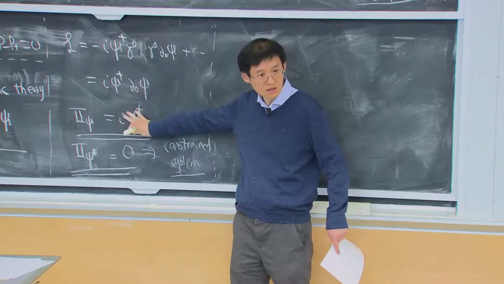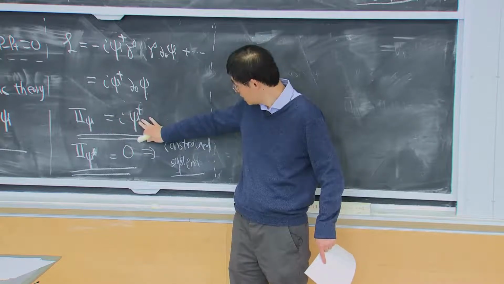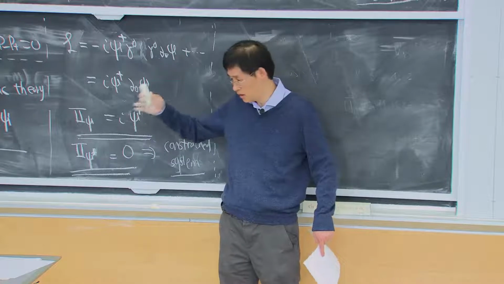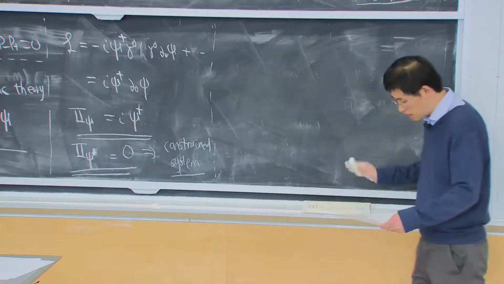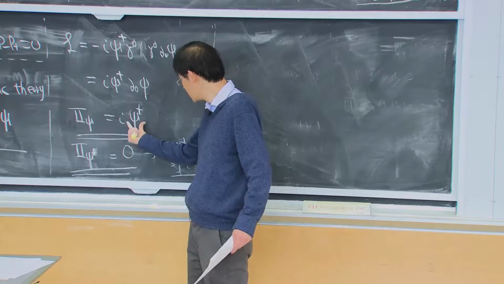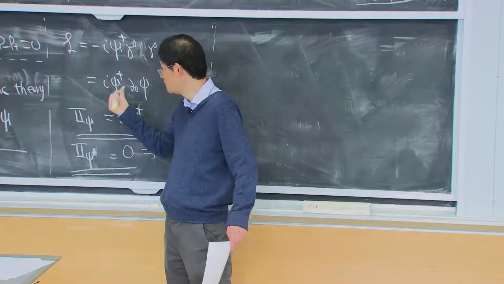And here there's no time derivative, just psi dagger itself. This is another indication that this is a constraint. So anyway, this tells you that psi dagger is in fact the canonical momentum to psi.